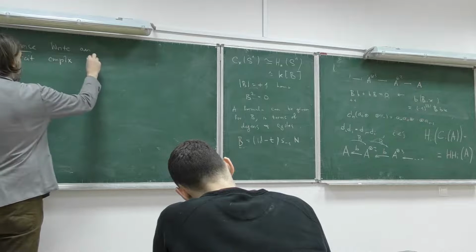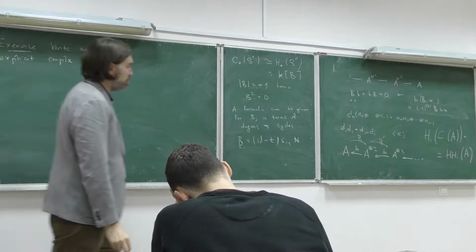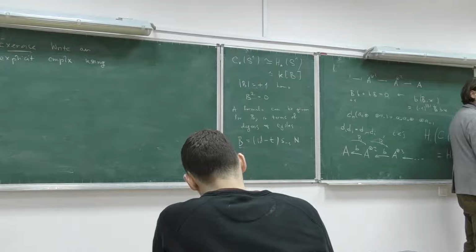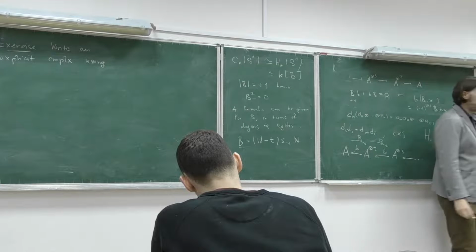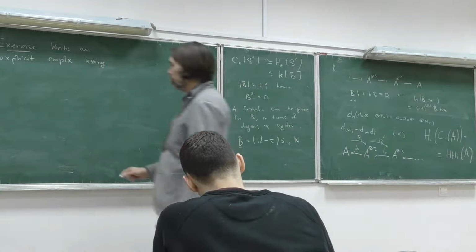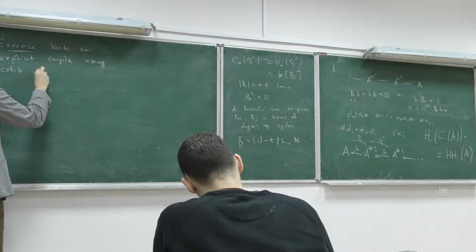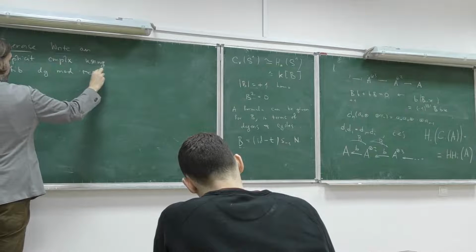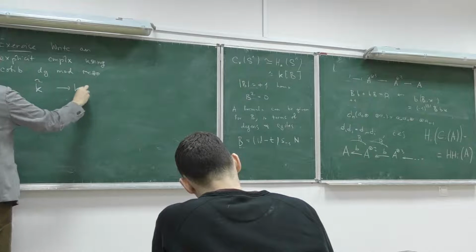So how do I compute a tensor product of DG modules? I need a cofibrant resolution. It's kind of the DG version of a projective resolution, right? So I need a cofibrant resolution of this. So a DG module resolution, K tilde mapping to K.